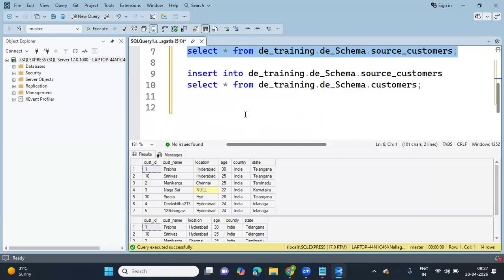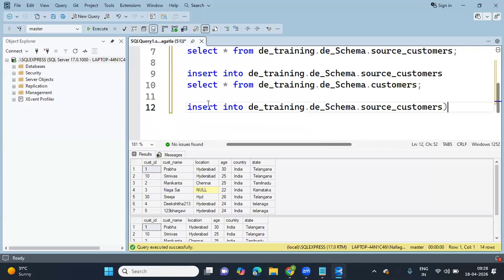I'm going to insert a few more rows into the source data. Insert into values. It's like we are getting new customers. Let's bring this down. I'll insert two more customers. Customer IDs 1, 2, 3, 4, 5 are there, so let's insert customer 6. What are the names?